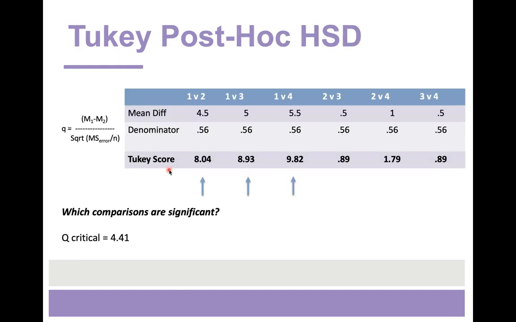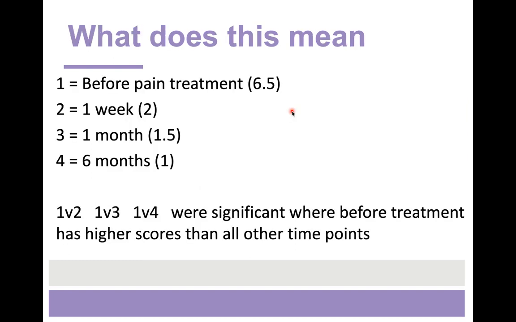We just found that the only significant comparisons are 1 versus 2, 1 versus 3, and 1 versus 4. So if 1 versus 2, 1 versus 3, and 1 versus 4 are significant, what that means is that 2 versus 3, 2 versus 4, and 3 versus 4 are not significant.